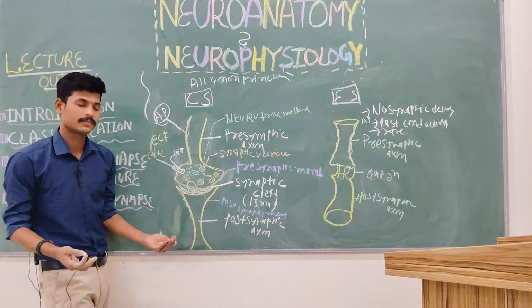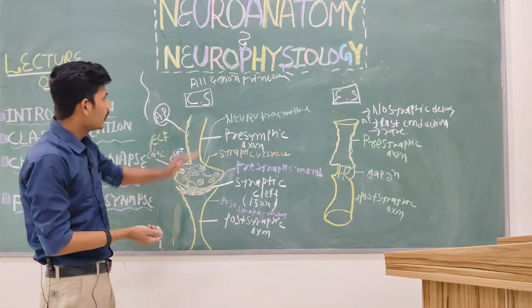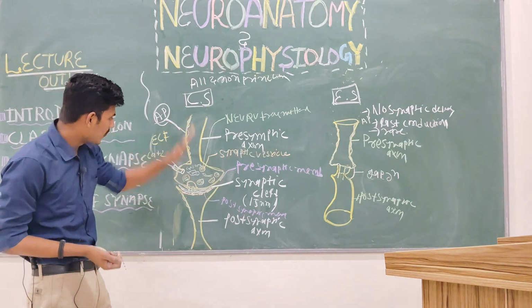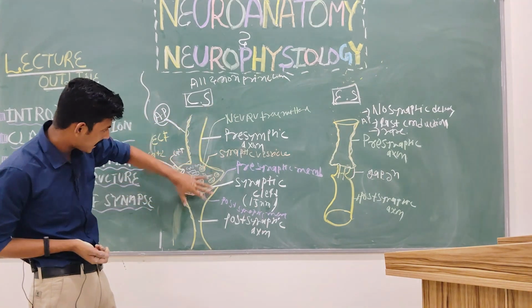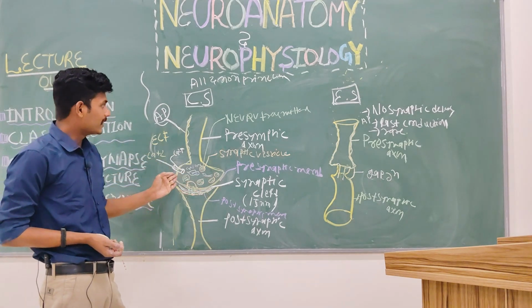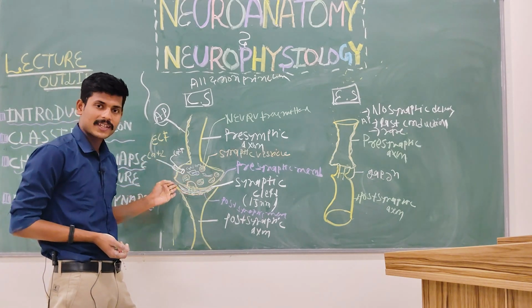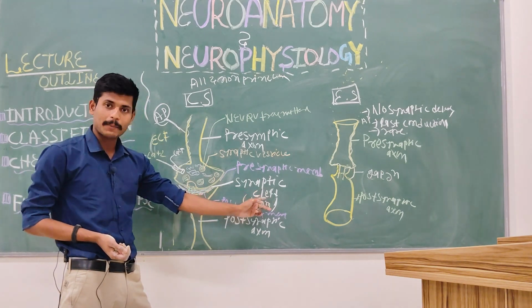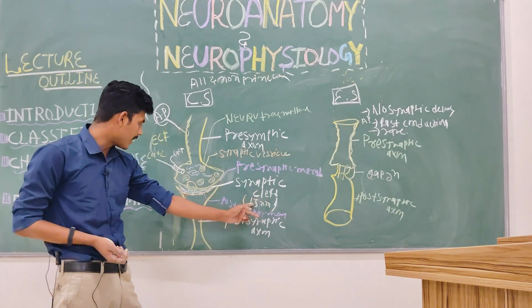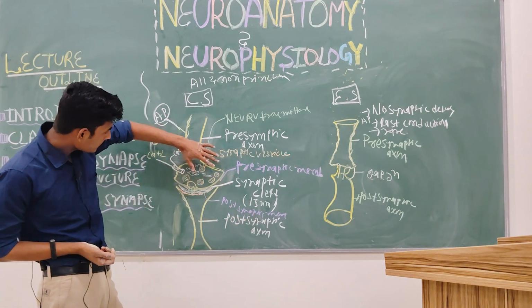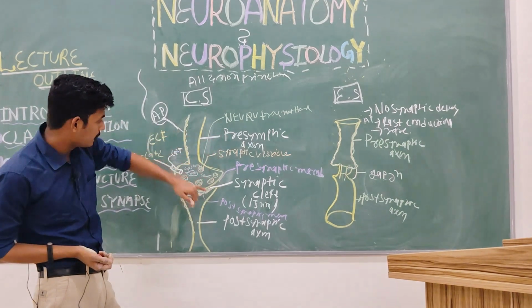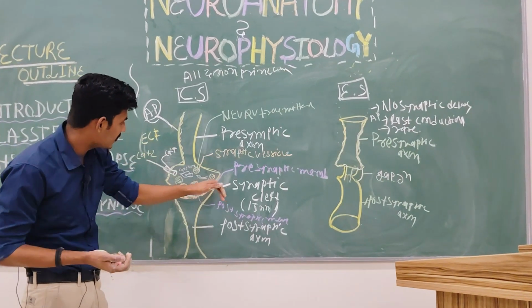This is the mechanism. Once again, we are discussing the chemical synapse, and we drew one diagram. In the diagram we saw that the characteristic feature of the chemical synapse is the presence of a gap, which is referred to as the synaptic cleft. Understood?